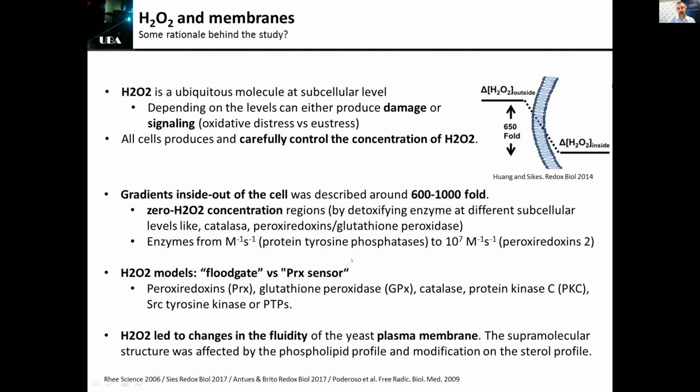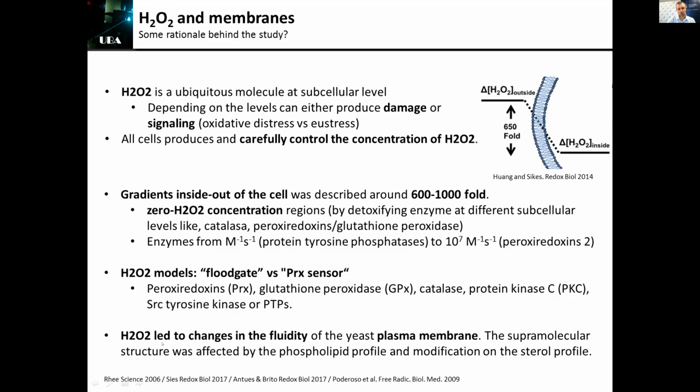The other one, which is nowadays more accepted, is the peroxiredoxin sensor, which means that these react really, really fast, and then they transfer the information to secondary enzymes to do the work. We will see that this makes a lot of sense with the results that we have in the paper that we published, because there are two enzymes which are very important, protein kinase C and phospholipase D.